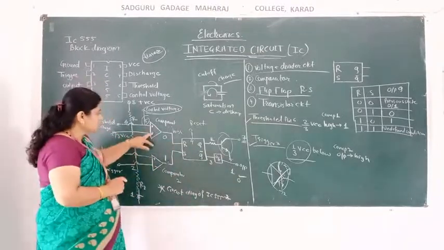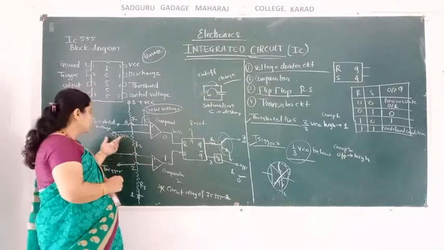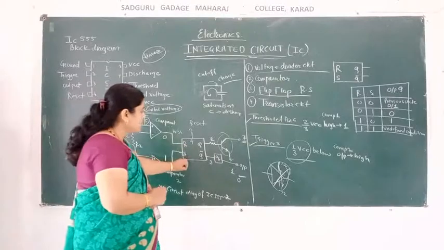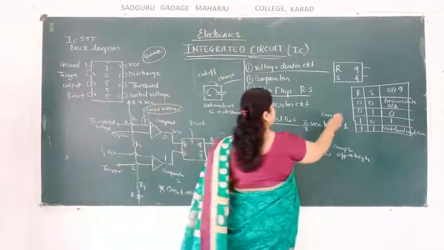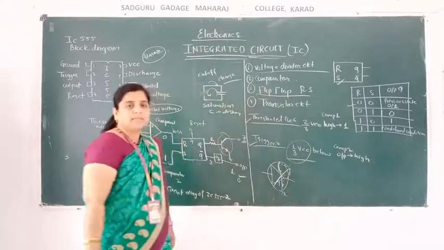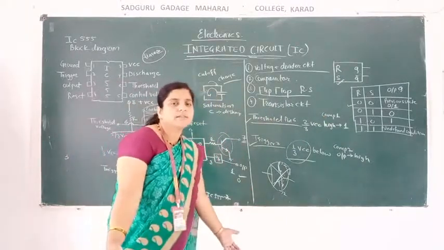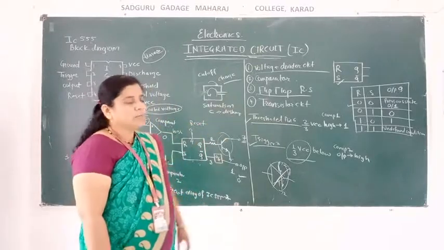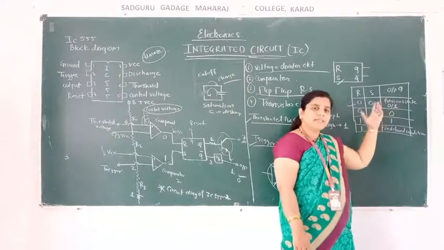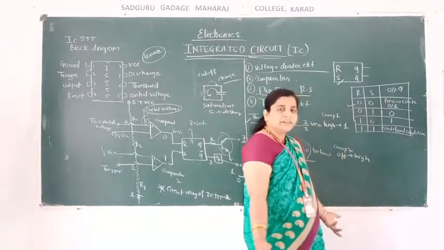Okay, so these two comparators are used. Where it is 0 and where it is 1 depends on the threshold and trigger voltage. It is given to the RS flip-flop. We have to explain the truth table and working of the RS flip-flop. What happens at the output when the 4 conditions are given: 0,0; 0,1; 1,0 and 1,1. If both are 0, then it will stay in the previous state, and if both are high, it will be in an undefined state.